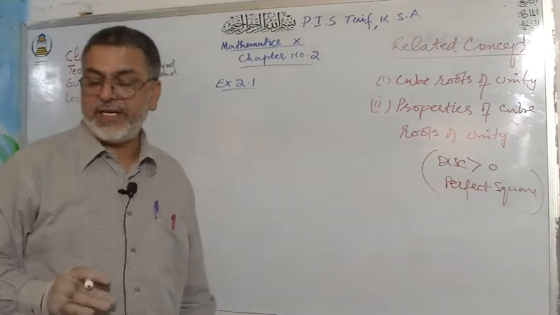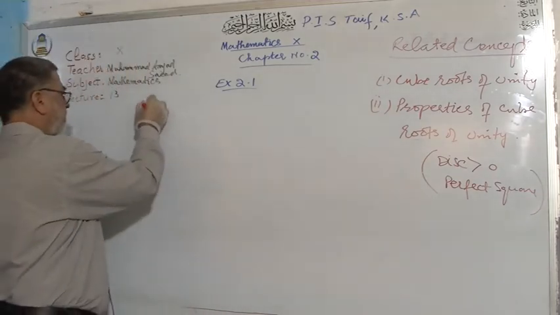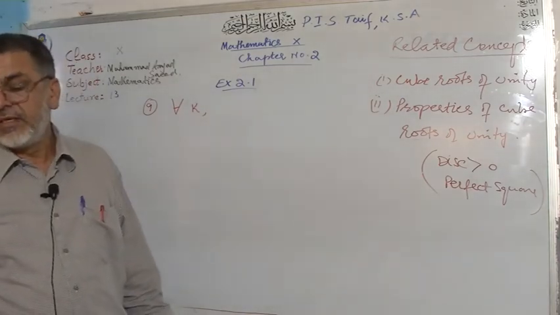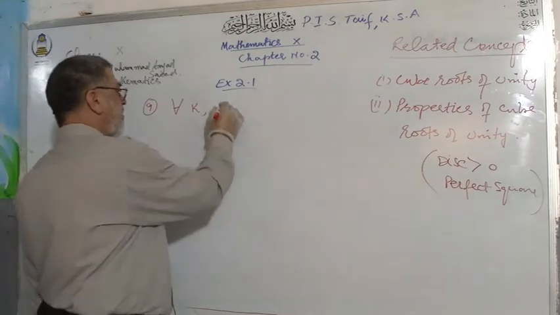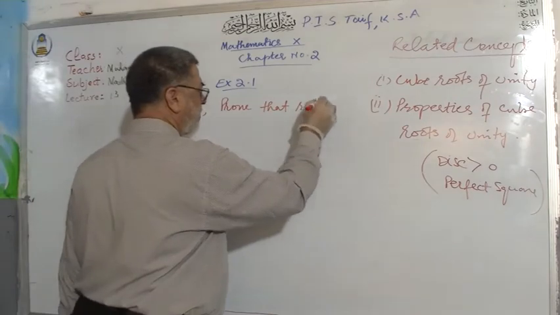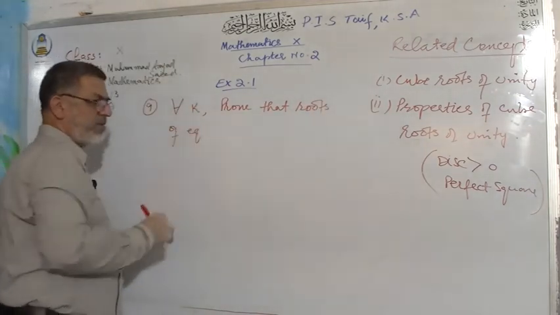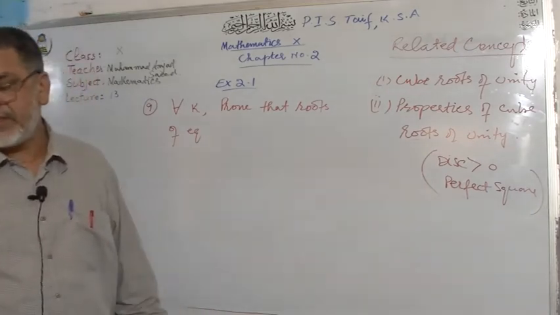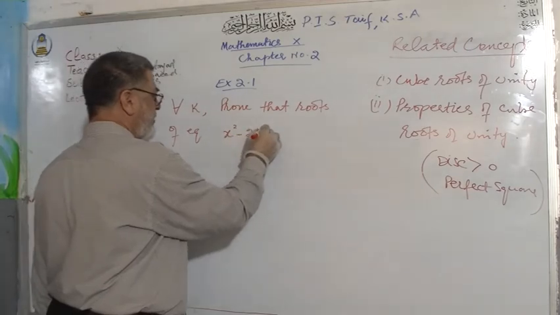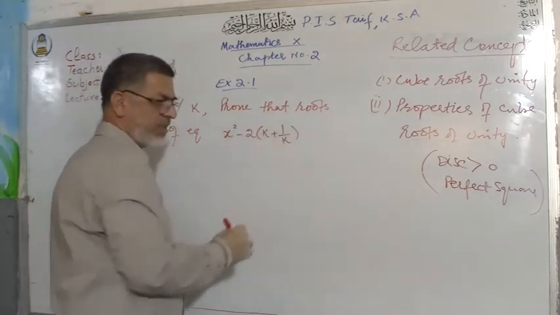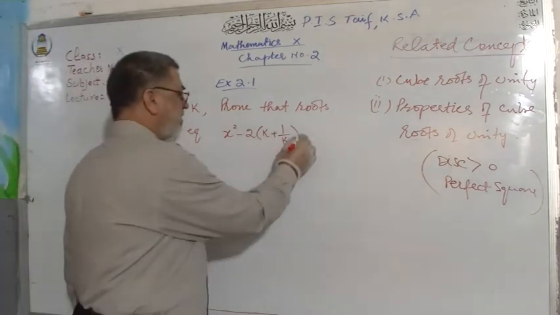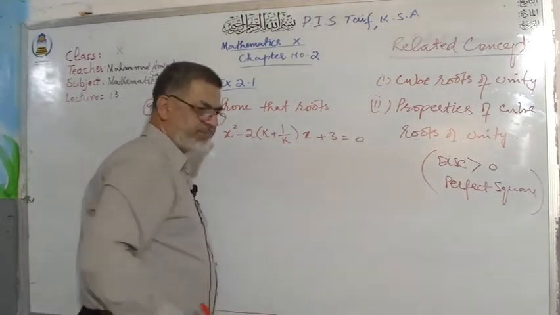For all values of k, prove that roots of equation x square minus 2 into k plus 1 over k into x plus 3 is equal to 0.